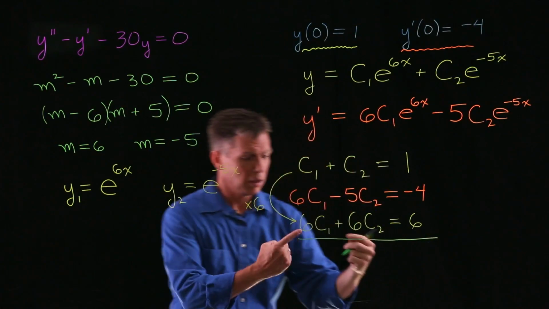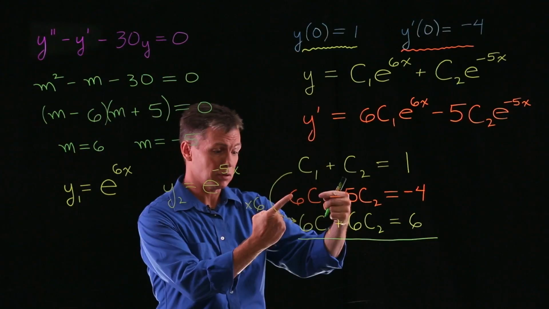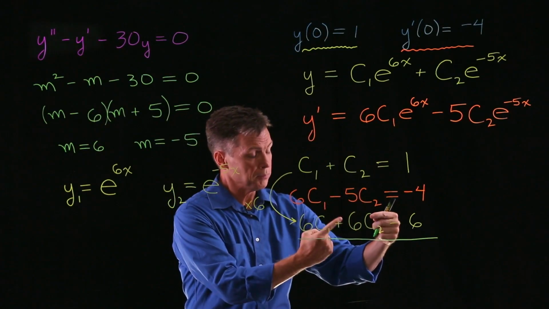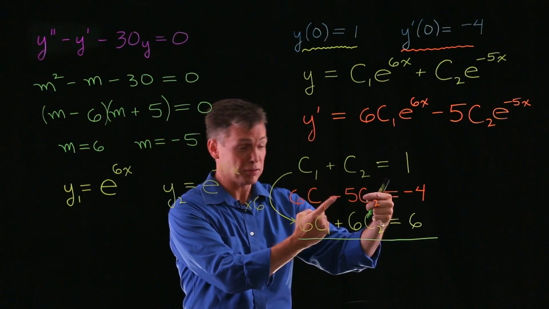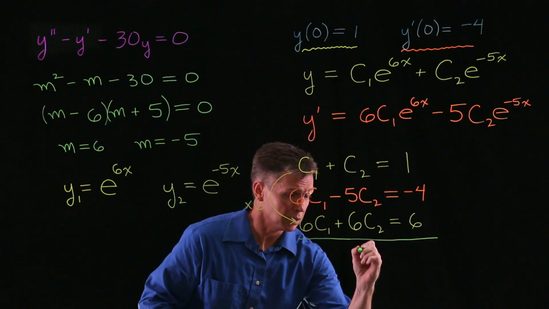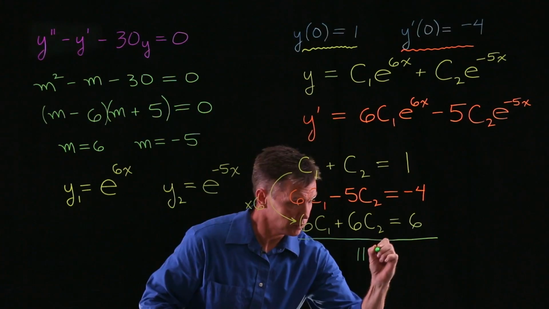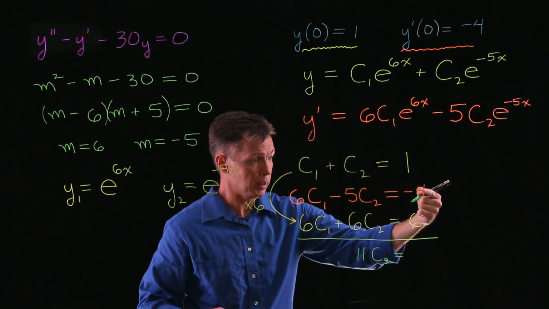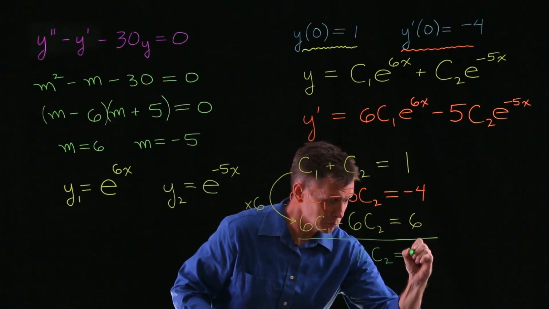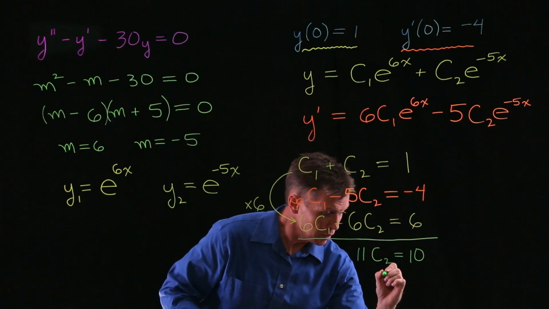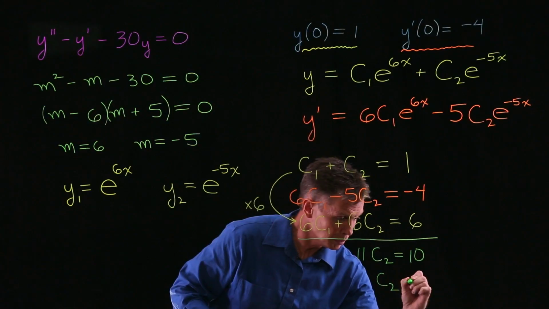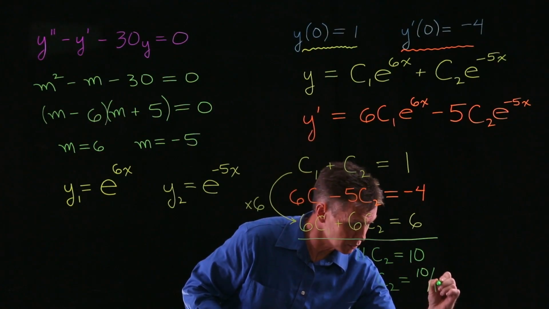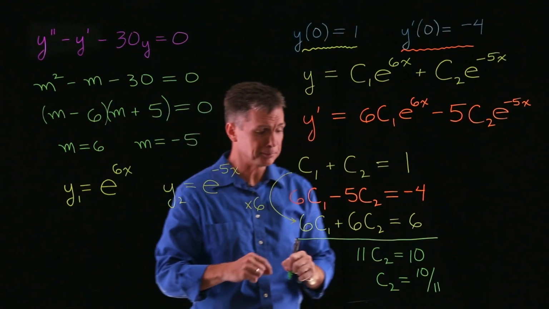I'll subtract the bottom minus the top, so 6c1 goes away, but 6 subtract a negative 5 is why I did the order that I did. I'd have 11c2, and subtracting 6 take away negative 4, so adding 4, looks like 10. I get a c2 of 10/11. Nothing wrong with a fraction, right?